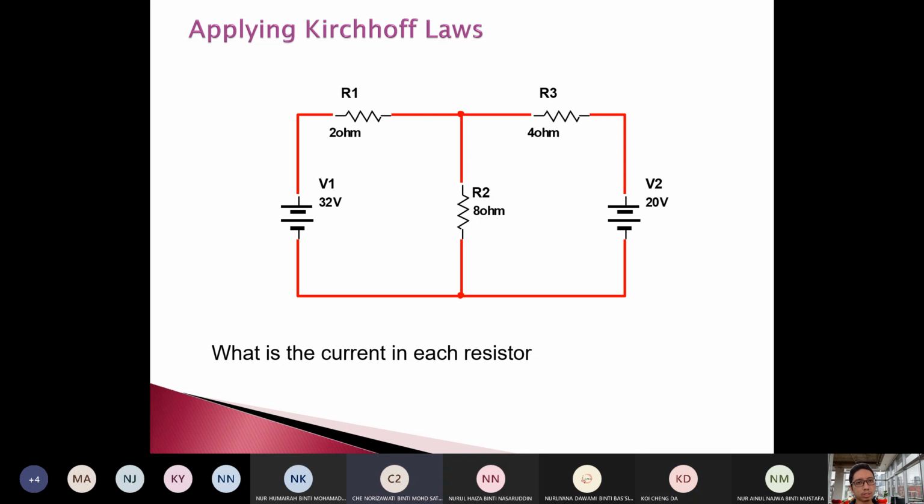And then what is your I3? 1.27 is for I1.